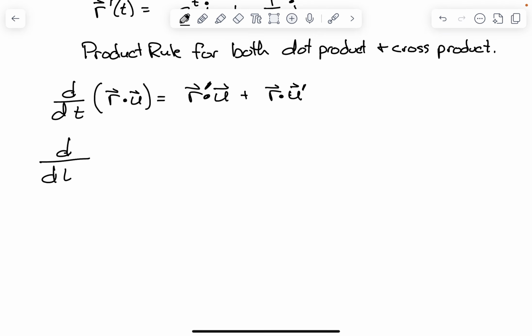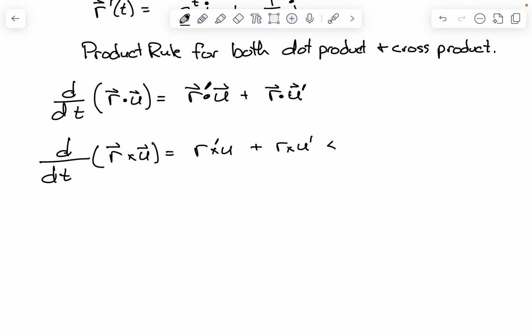Now, when I do the product rule, usually I say first times derivative of the second plus second times derivative of the first, but that's not good here. It's okay for the dot product, but it's not good for the cross product. The cross product, we have to do r prime u plus r u prime, and these are cross products.